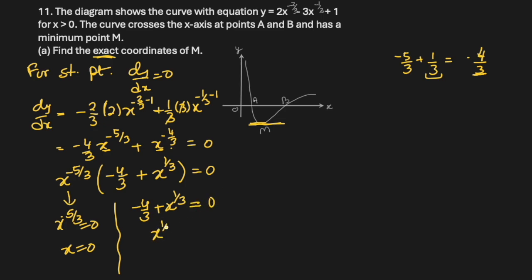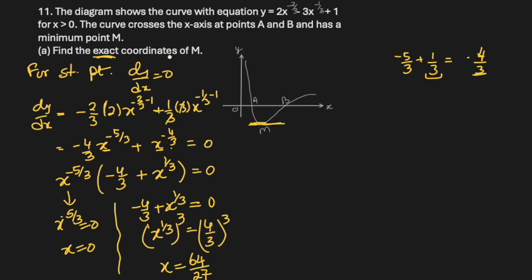So x to the power 1/3 is equal to positive 4 over 3. To get x, we will cube it and cube this also. So x comes out to be 64 over 27 positive, and that makes sense. It's positive, right? That's the x coordinate.